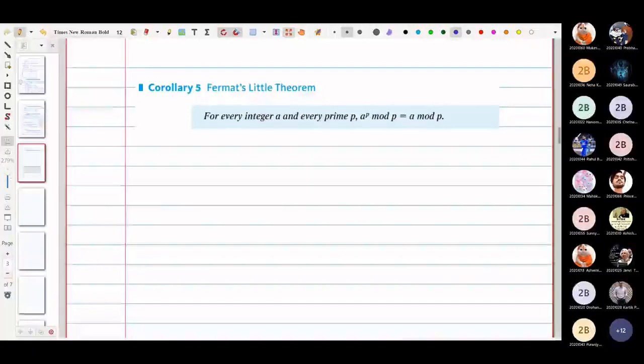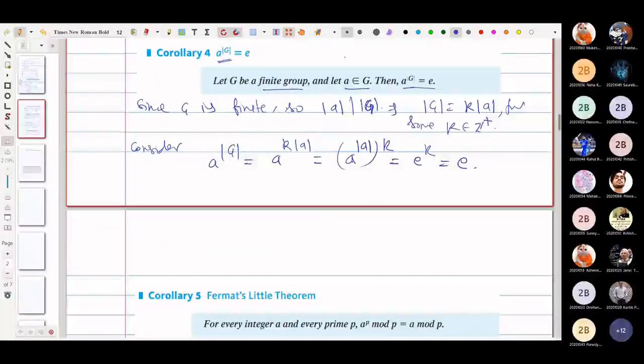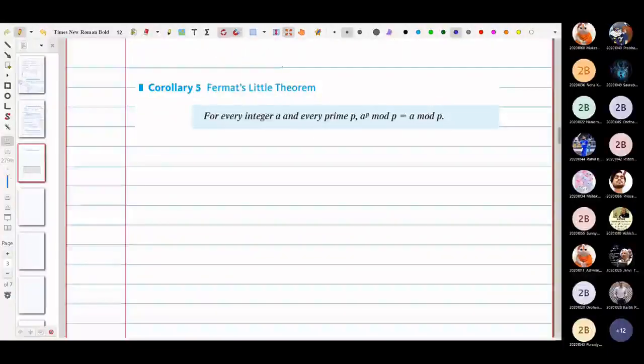Next we have Fermat's little theorem. We will be using the previous theorem to prove this.